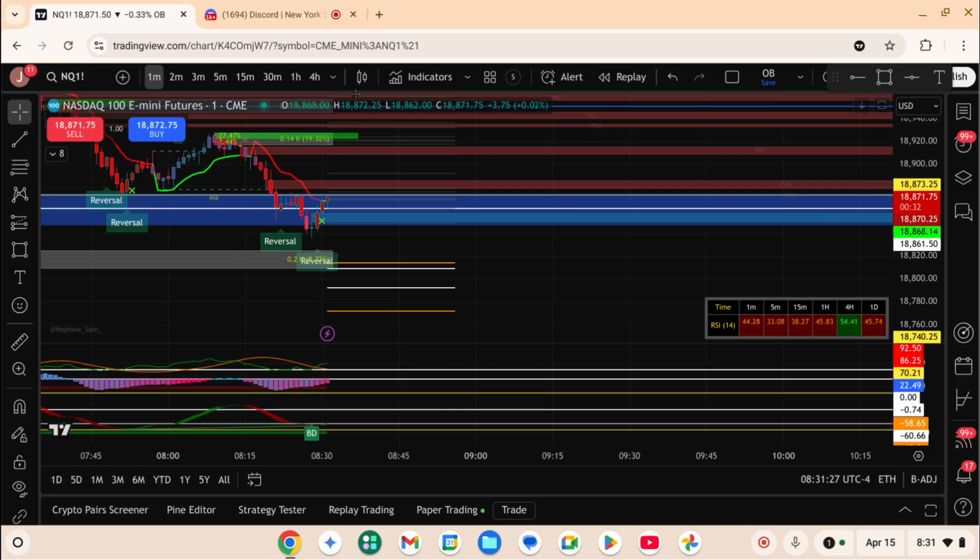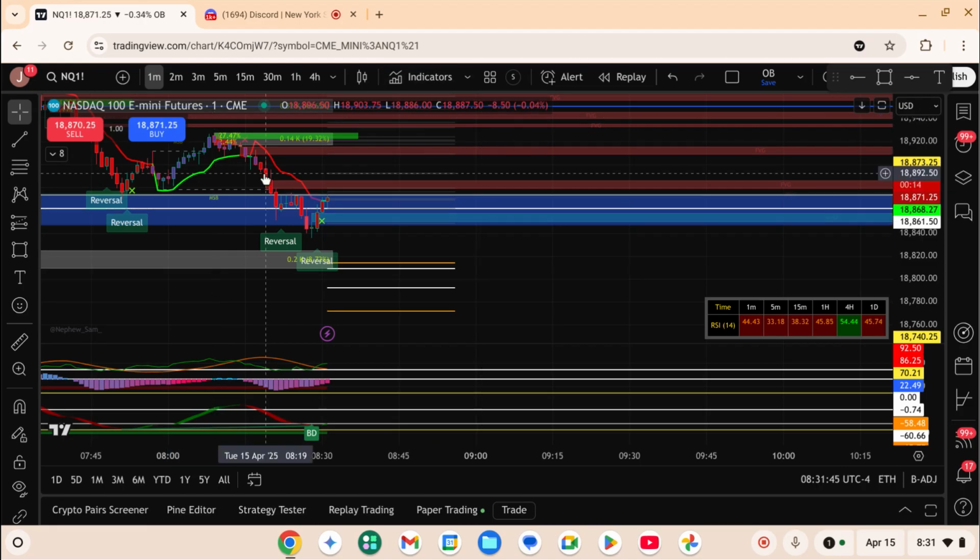Okay, so it didn't give a bearish close, without a wick, right here underneath this line. That would have been the market structure break to shift directions to bearish.